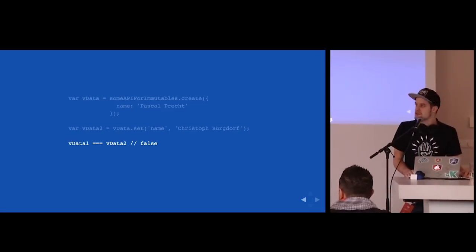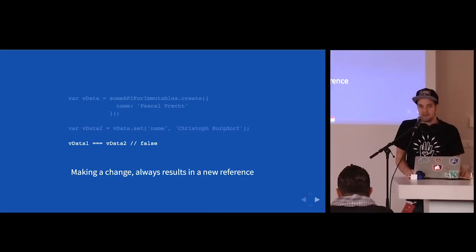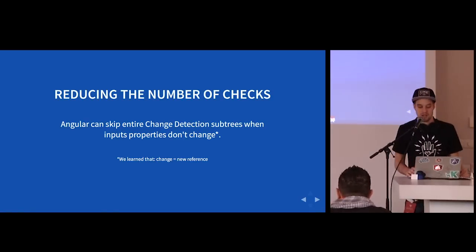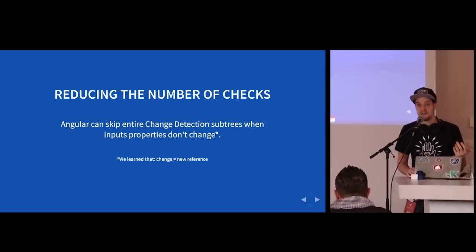Okay, so how can we take advantage of this guarantee? Well, making a change always results in a new reference. And we know that components check if something changed by reference. We can actually reduce the number of checks in our change detection tree if we tell Angular that this particular component should only check when its input property has changed, and a change means a reference change.